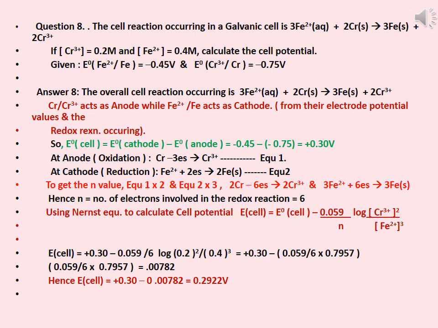Substituting the values, we get E cell is equal to plus 0.3 volt, which is the E naught cell value, minus 0.059 by 6 log of molar concentration of Cr3+ is 0.2, 0.2 the whole square divided by 0.4 the whole cubed.